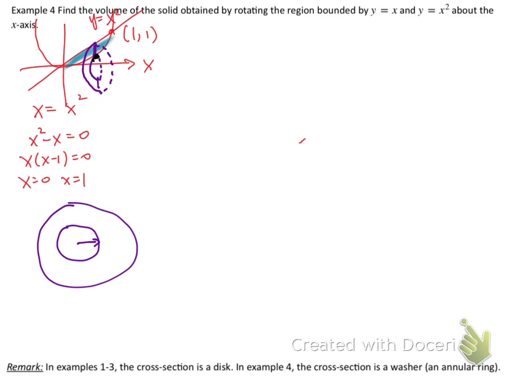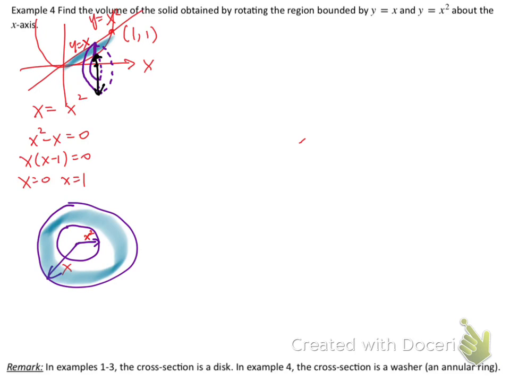So the inner radius will be x squared, and the outer is, I'm running out of color, from here, that's the inner circle and that's the outer. So it needs to reach the higher one, which is y equals x on top. This is y equals x. So x. And you are looking at the area of the ring.